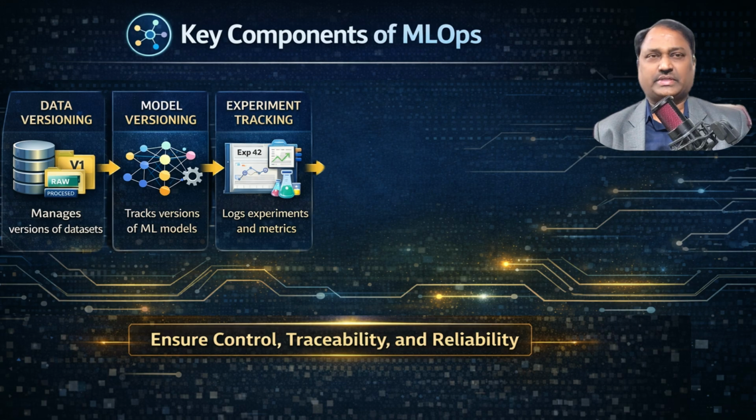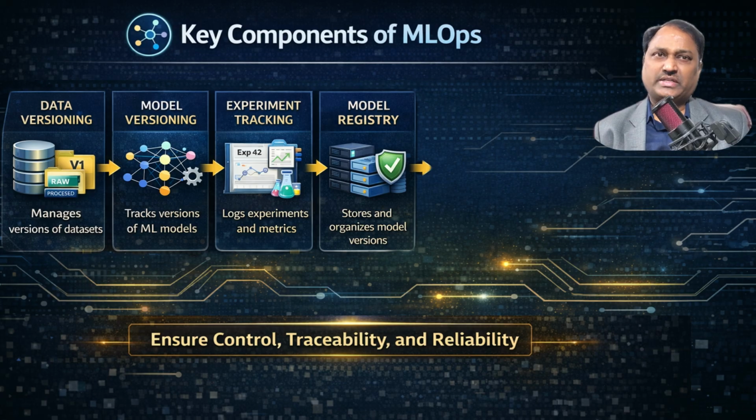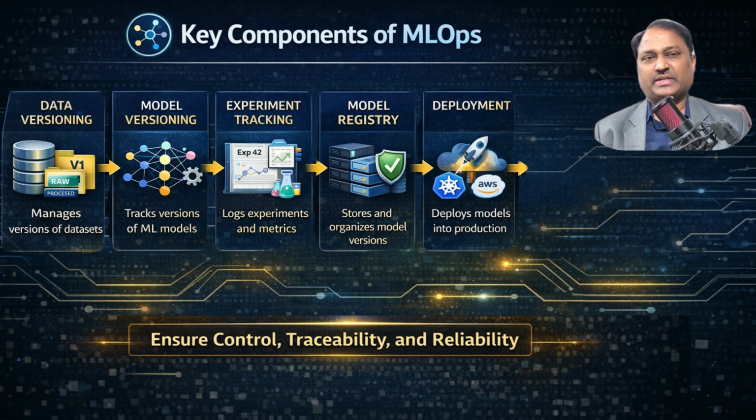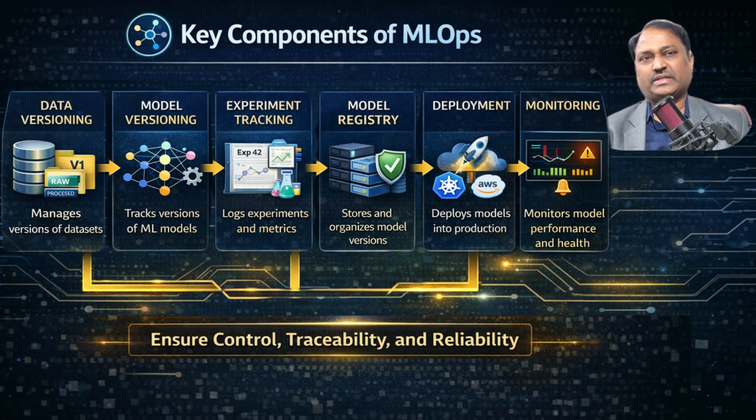Experiment tracking records and compares different model runs to identify the best performing model. Model registry stores and manages approved models for versioning, tracking, and deployment. Deployment deploys models as APIs or microservices so they can serve predictions in real time. Monitoring tracks model performance using dashboards and alerts to quickly detect issues. So these components ensure control, traceability, and reliability.